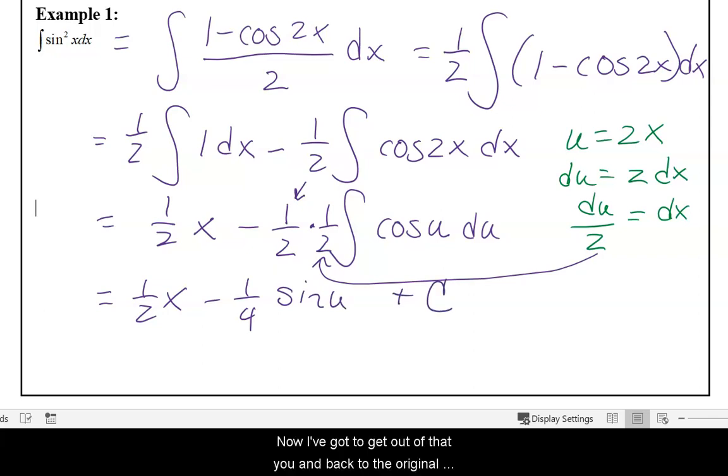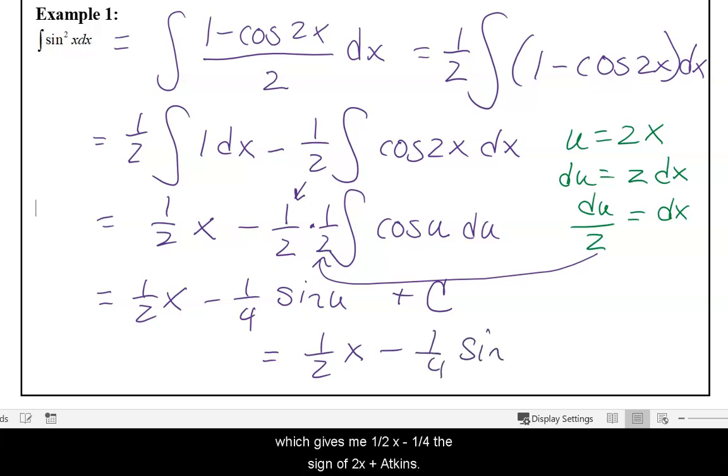Now I've got to get out of that u and back to the original, which gives me 1/2 x minus 1/4 the sine of 2x plus a constant. That is an antiderivative function to the original integrand sine squared of x. Let's look at the next example.